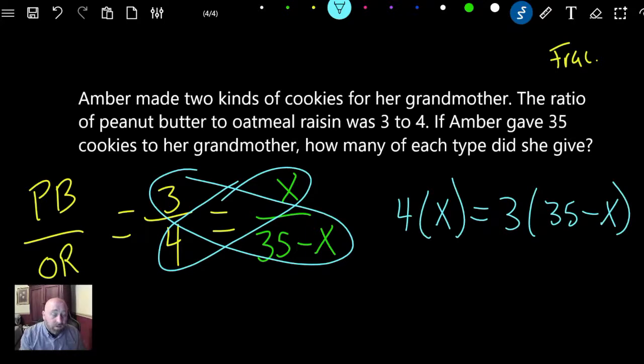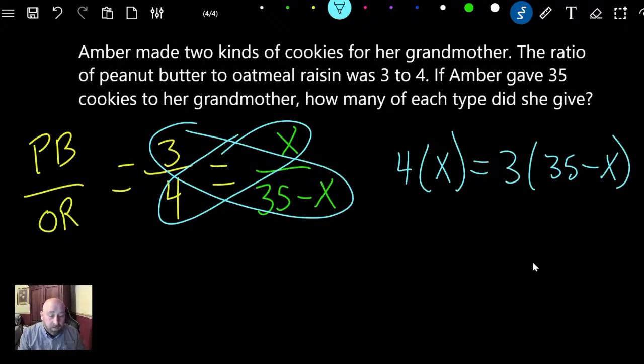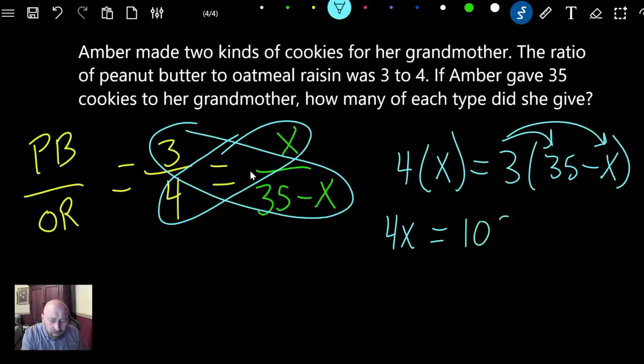And there we go. There is our equation, finally, and now we can solve it. 4 times x is 4x equals, we have to distribute this one. So 3 times 35 is going to give us 105. 105 minus 3 times x is 3x.